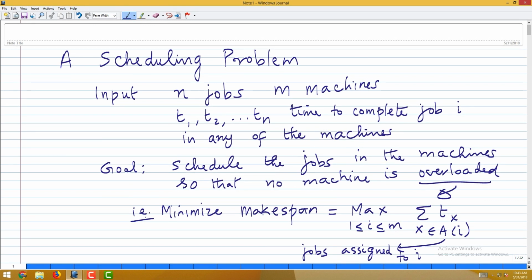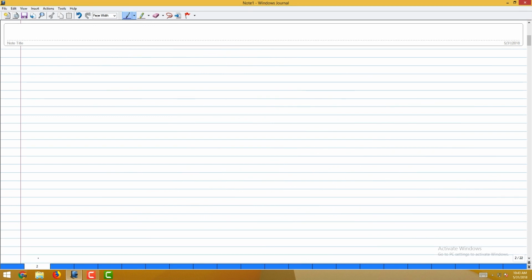Okay. So, let us look at an example. Let us say we have 3 machines, 6 jobs with the times it takes as given.